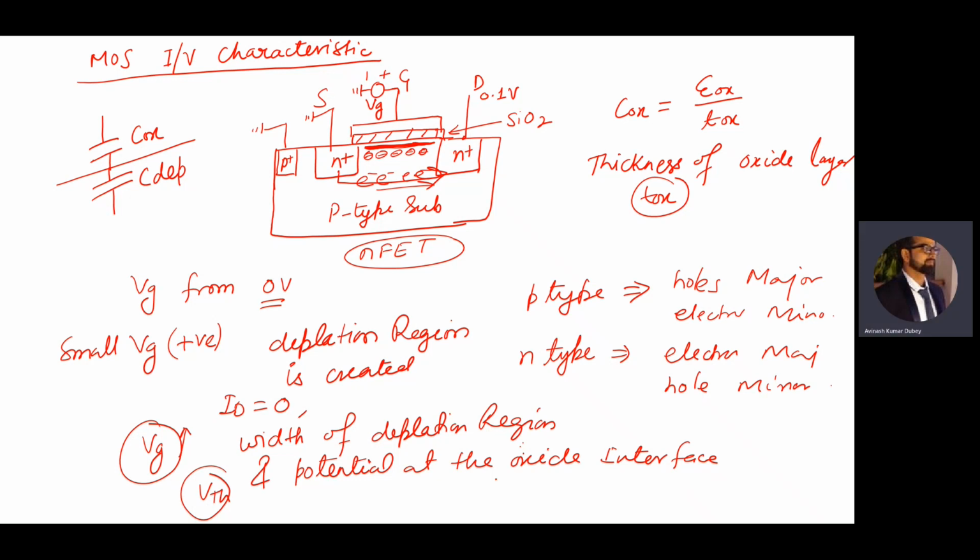So this turn-on phenomenon is gradually a function of gate voltage, and it depends on the threshold voltage. We have to increase the gate voltage such that the gate to source voltage of the device must be greater than or equal to VTH, the threshold voltage of the device, to turn on the device.